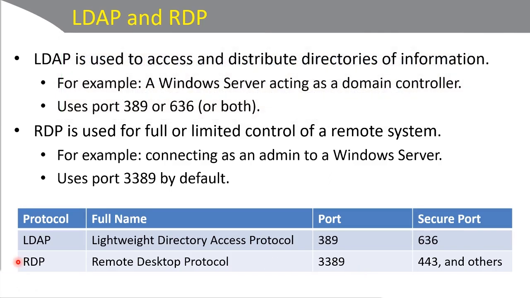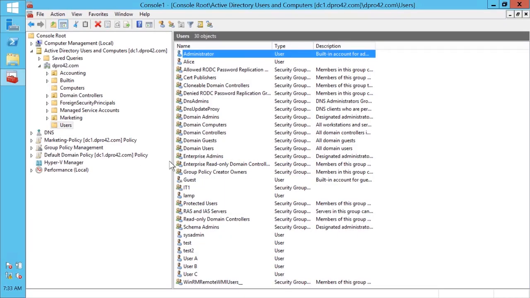Let's go back to our server. The connection that I'm making right now is actually using Remote Desktop. I'm remoting in from my workstation into this server, which is the IP address 10.252.0.103. So I'm controlling it as an administrator from my remote system.